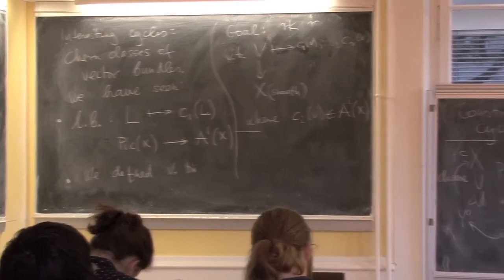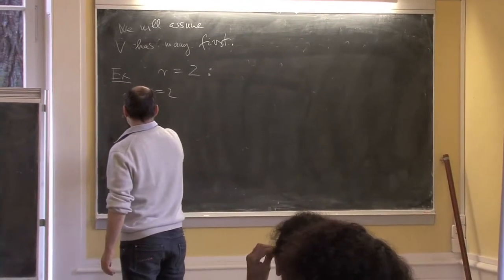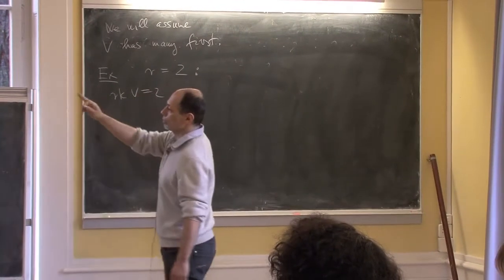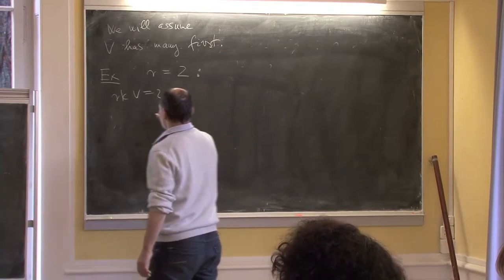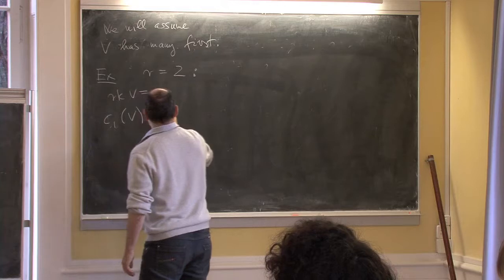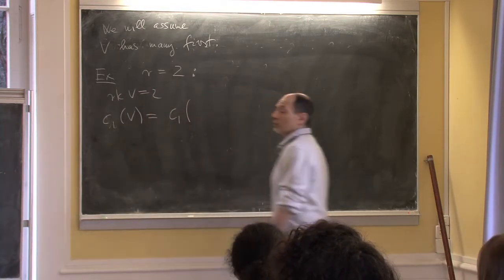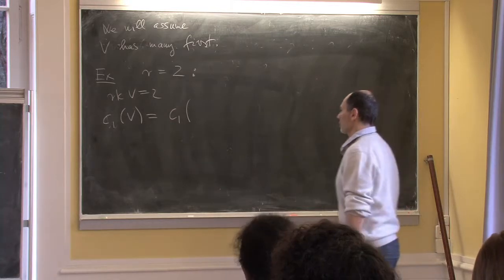So again, rank V is equal to 2. So then to construct C1 of V, I will just reduce it to the previous case. So what I can do is I can say that this is just C1 of a line bundle.